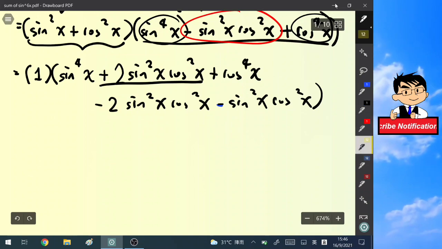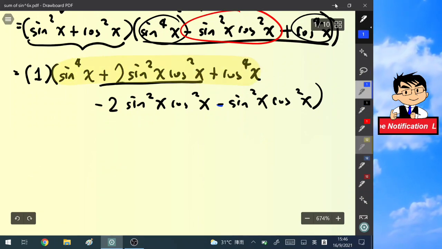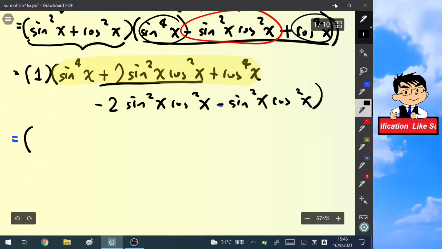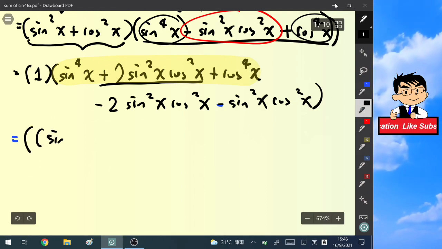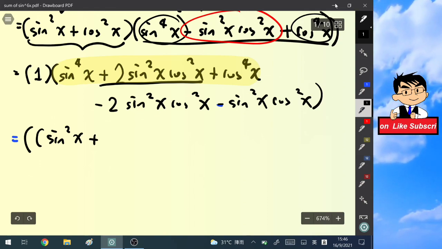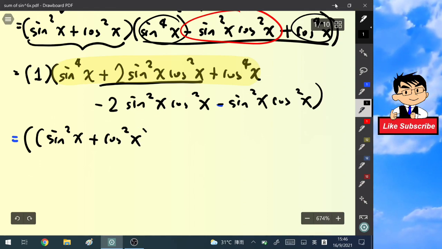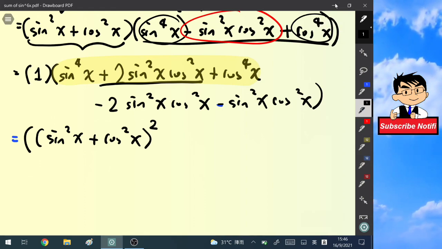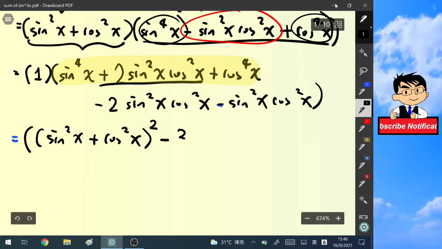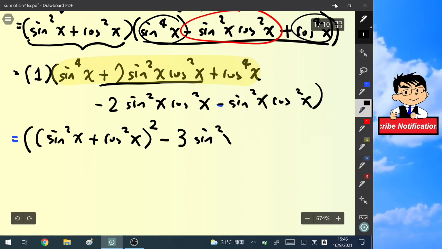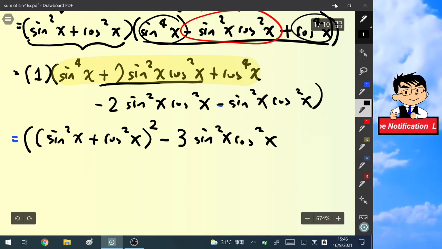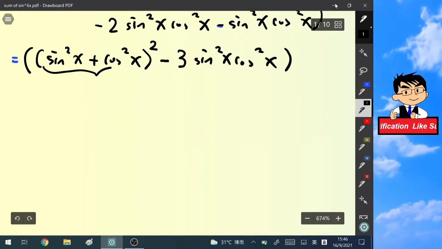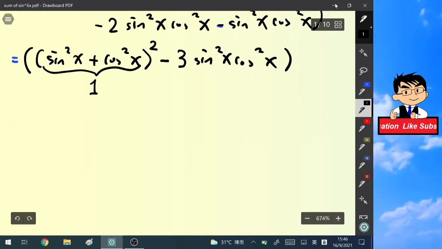Now we have a very nice expression. The first three terms we can factorize as (sine square x plus cosine square x) all squared, and then we minus 3 sine square x cosine square x, and very nicely the squared part is also equal to 1.